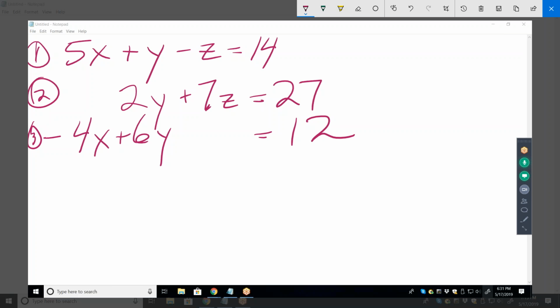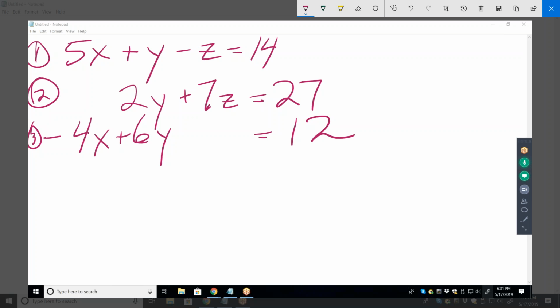So, right off the get-go, I can tell that z is already gone from equation 3. So if I can eliminate z from equations 1 and 2, then z will be gone, and I will have two new equations that are just in x and y.